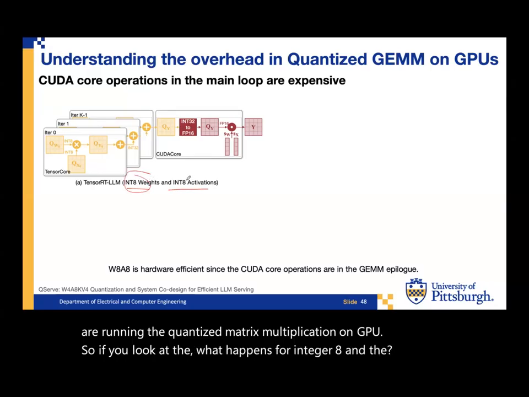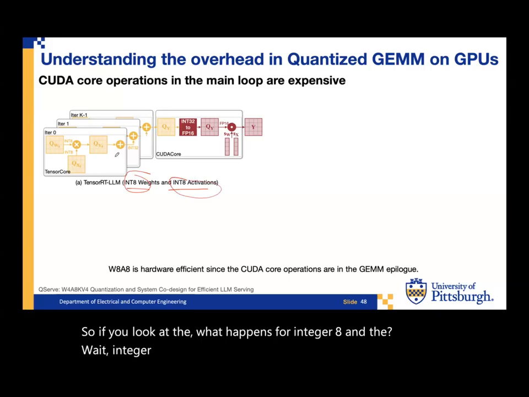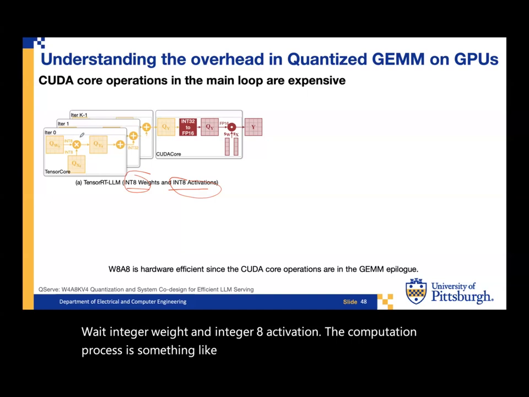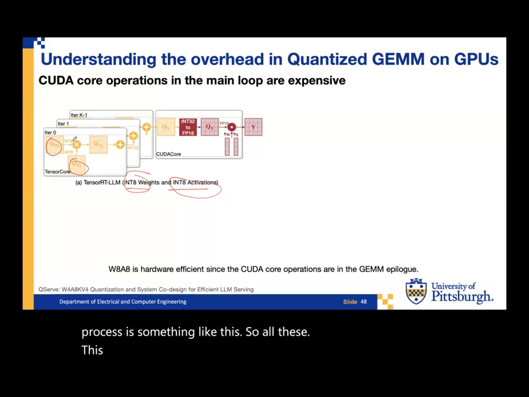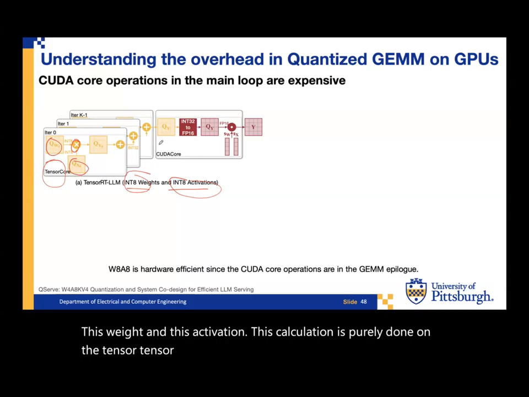If you look at what happens for integer 8 weight and integer 8 activation, the computation process is something like this. This weight and this activation calculation is purely done on the tensor core, right? And after you have all this computation, you got the output.